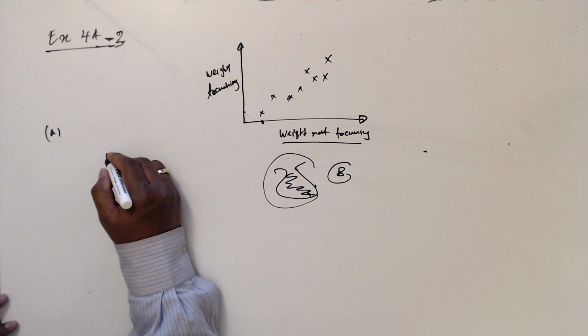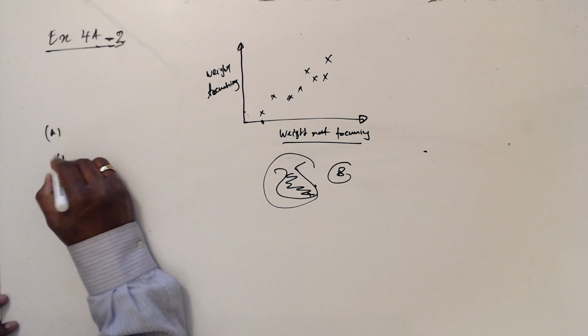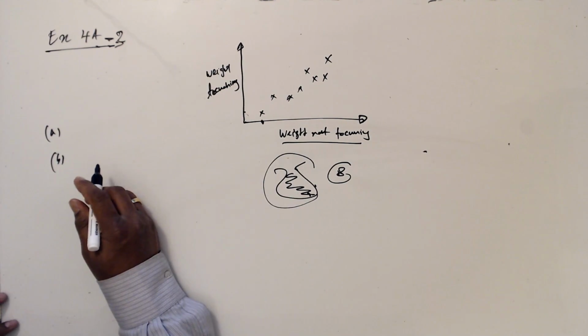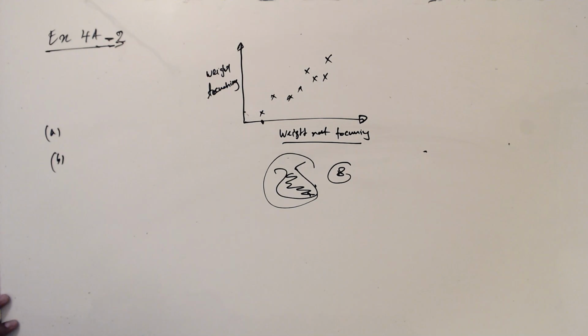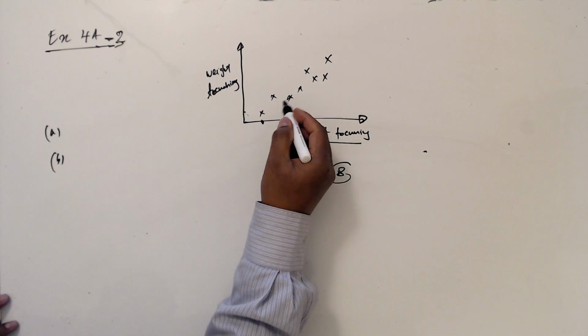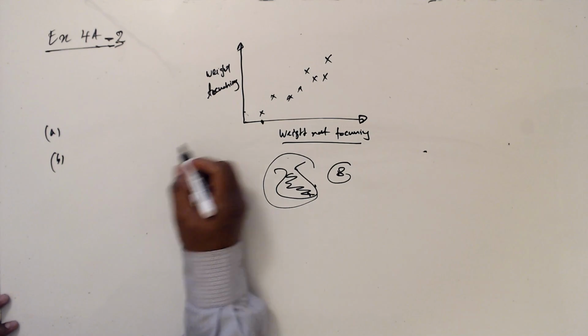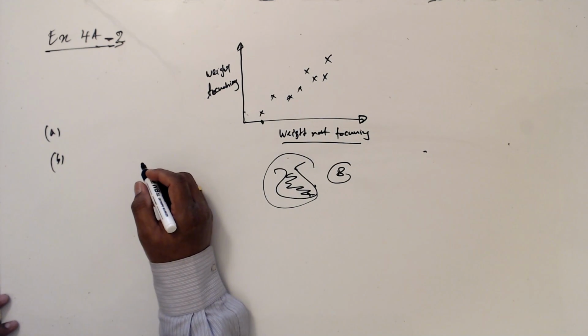And then question A. We want to discuss the linearity. Describe and interpret the correlation. Done. B. So we have to interpret the correlation. Can I represent the points of this scatter diagram by a line?